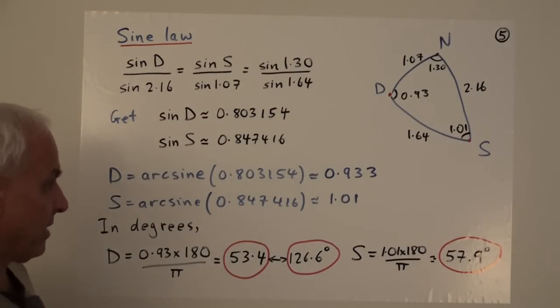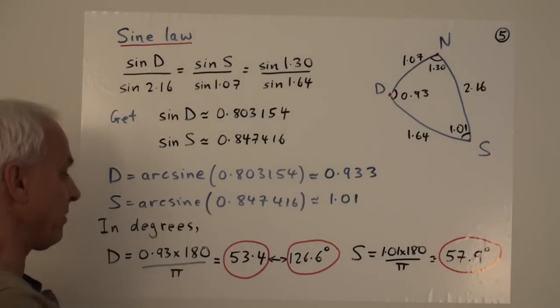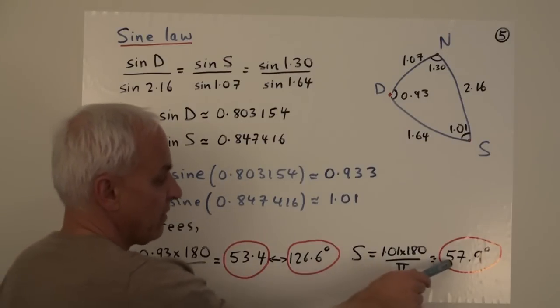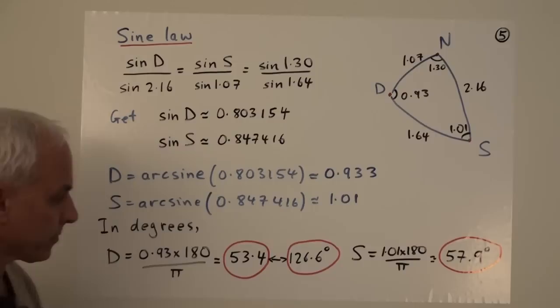And if we wanted it in degrees, well, then we would convert the radians to degrees. We do that by multiplying by 180 and dividing by pi. And there we would get 53.4 degrees. And s would get 57.9 degrees.